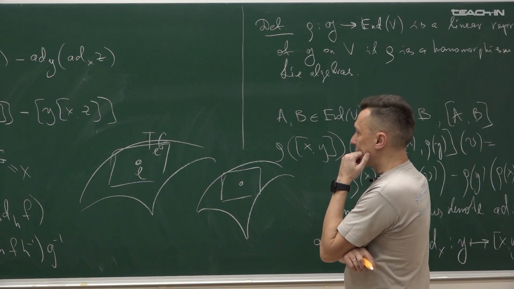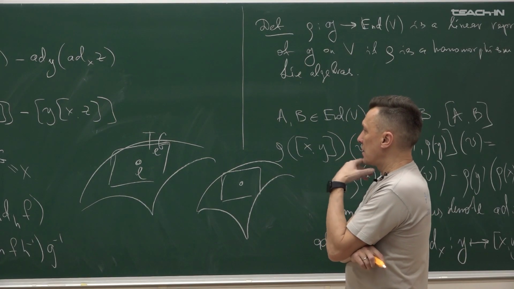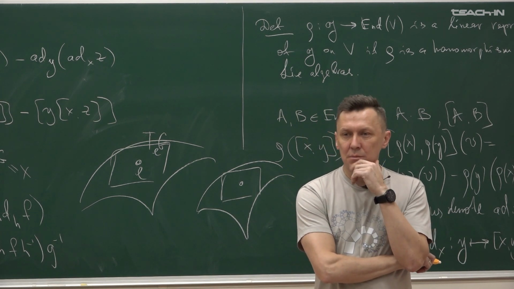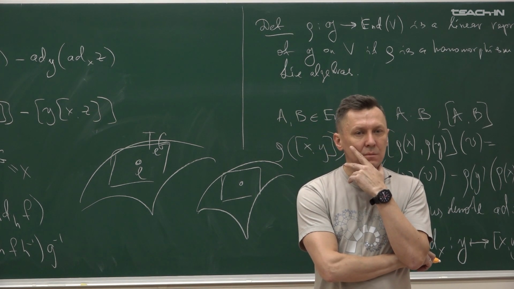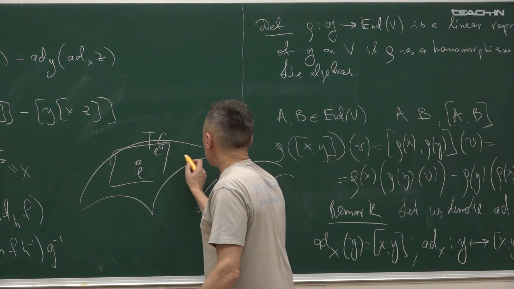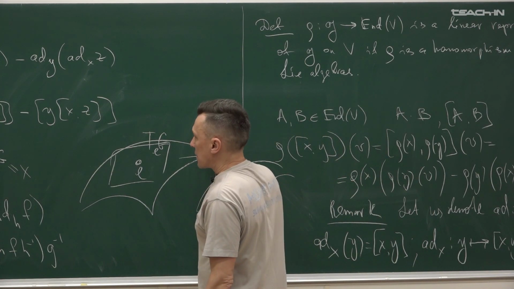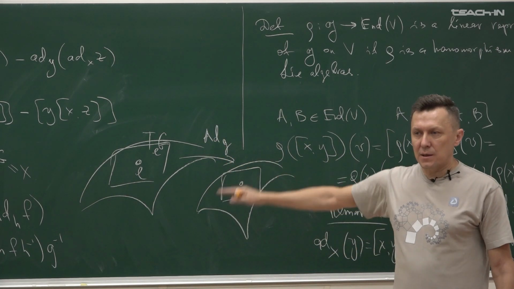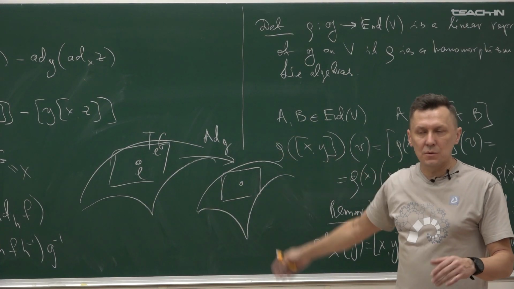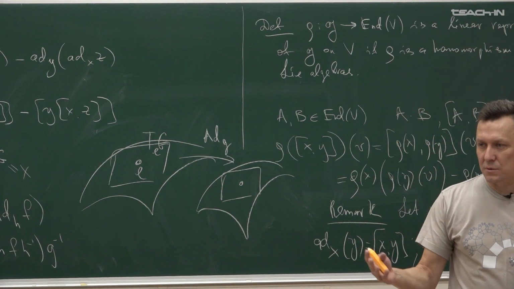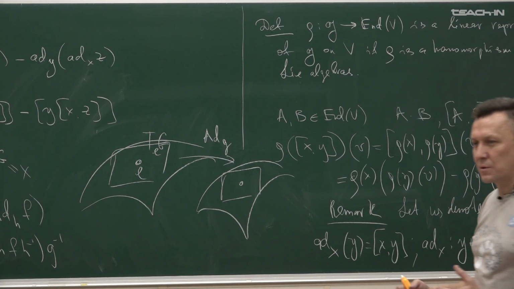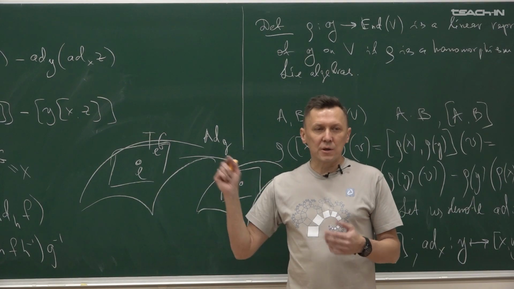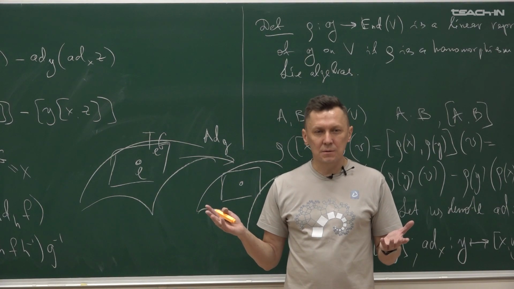The adjoint action of the group has the unit element as a stable point. So in general, this map Ad with some element g acts as a diffeomorphism on our Lie group, which is a manifold. And the unit point is the stable point of this action for all elements of G. Is it clear?